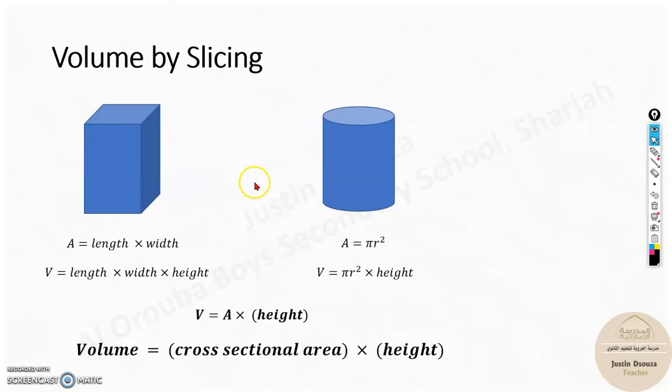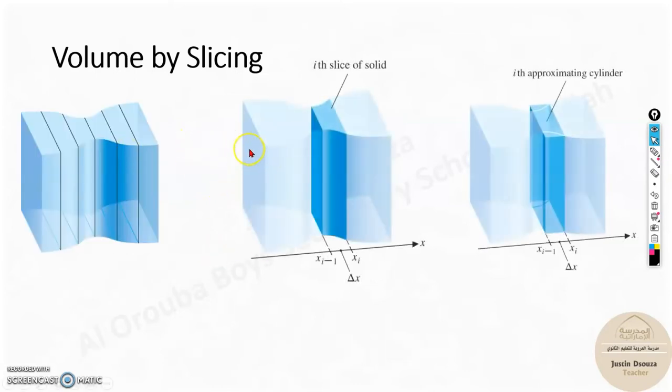Now let us see the formula which we use, volume by slicing. Over here there is lots of derivation, but if you remember this formula, it is more than enough. You're cutting into different small intervals, and then when you integrate it, you will get it. You basically reduce this into small intervals, that is dx.